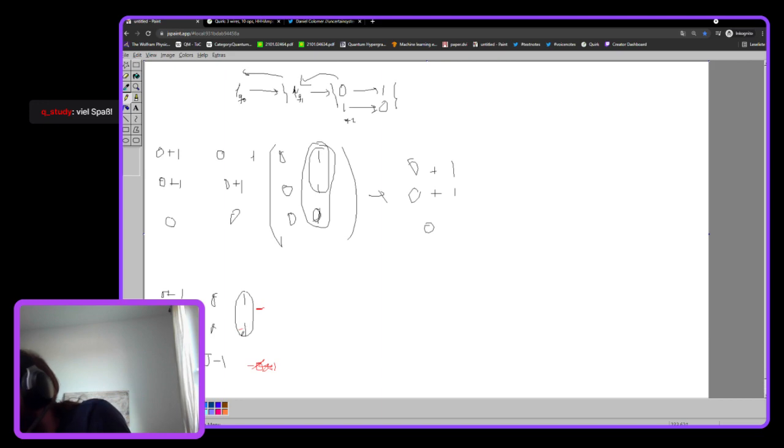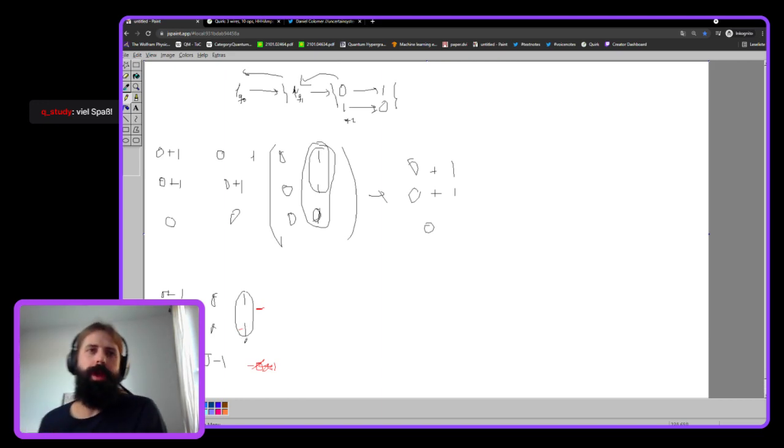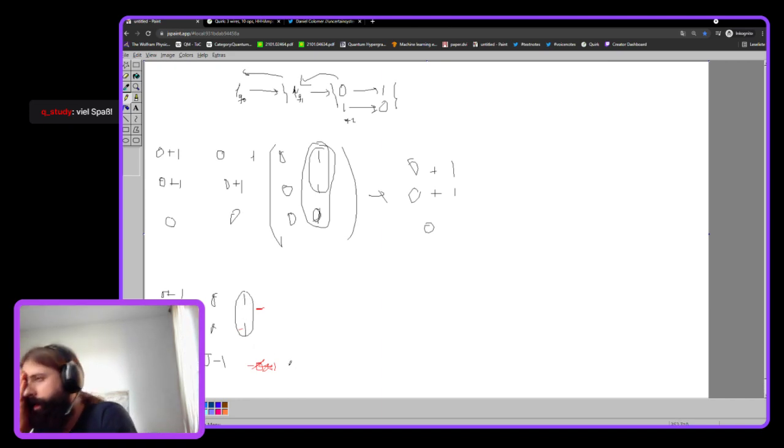That's the thing, this minus is in a way only valid for the case where these two are 1, 1. That's why.